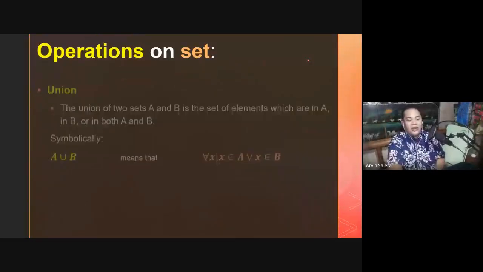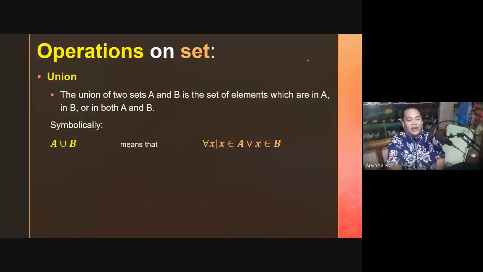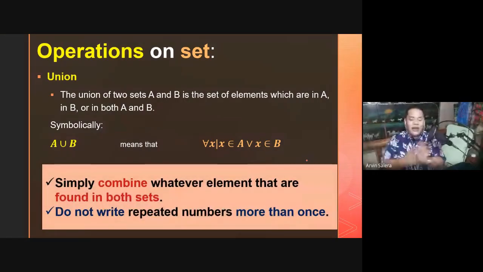Okay. Next, union. Union is simply A union B, means that for all x such that x is an element of A or x is an element of B. Meaning, tanan nga naa ni A ug naa kang B, imo rang i-combine. That's union. Simply combine whatever elements that are found in both sets.